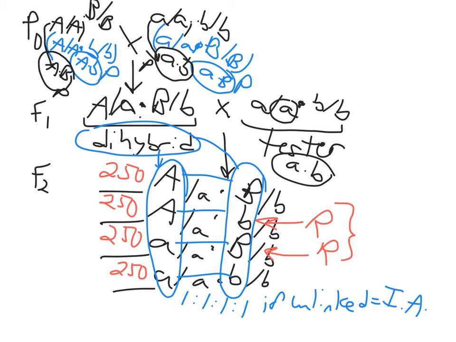So to calculate genetic distance, it's the fraction of recombinants, which in this case is 250 of the first, 250 of the second, so 500, divided by the total number of F2s that you're studying. So that's how we calculated a recombination fraction of 0.5. You multiply it by 100, then you get centimorgans, 50 centimorgans. It's always 50?